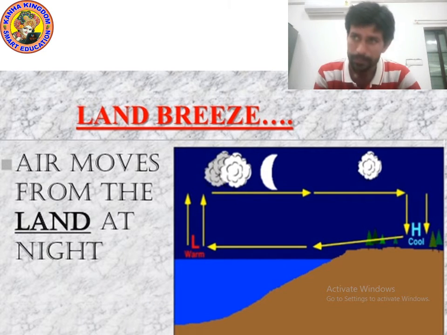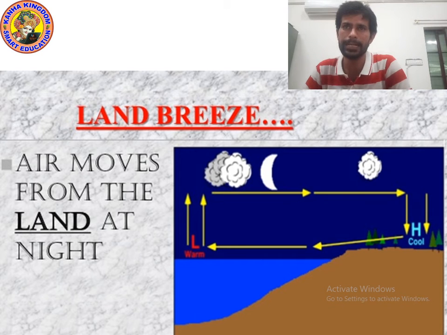That's why it happens. So what is land breeze? The process of transferring colder air from land to sea and hotter air from sea to land is known as land breeze. So air moves from land at night. It means the land breeze occurs at night.